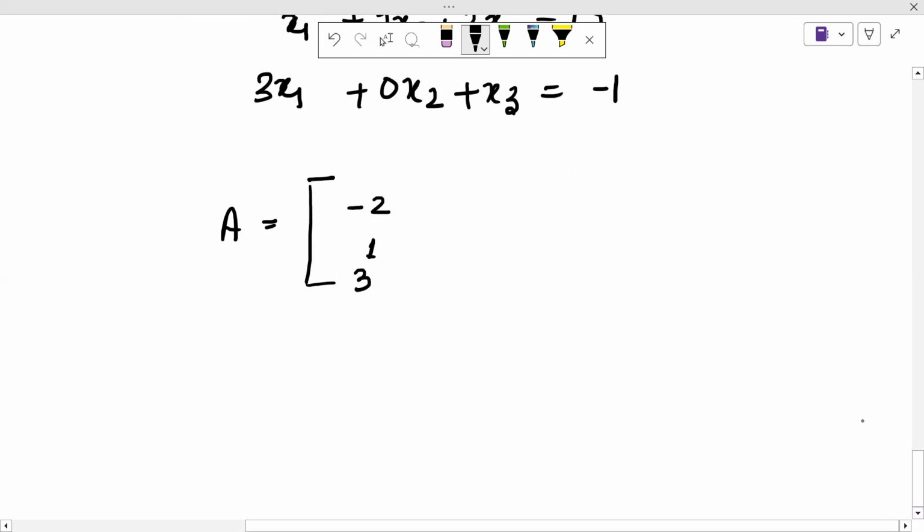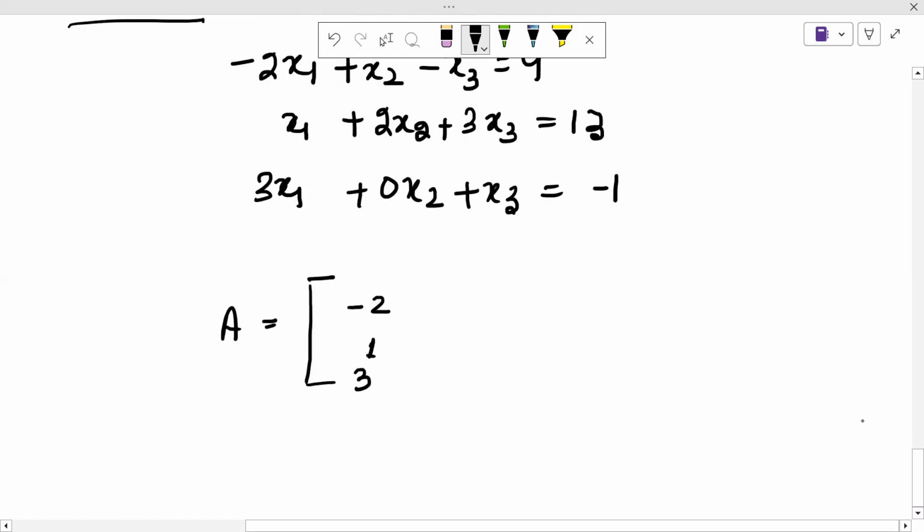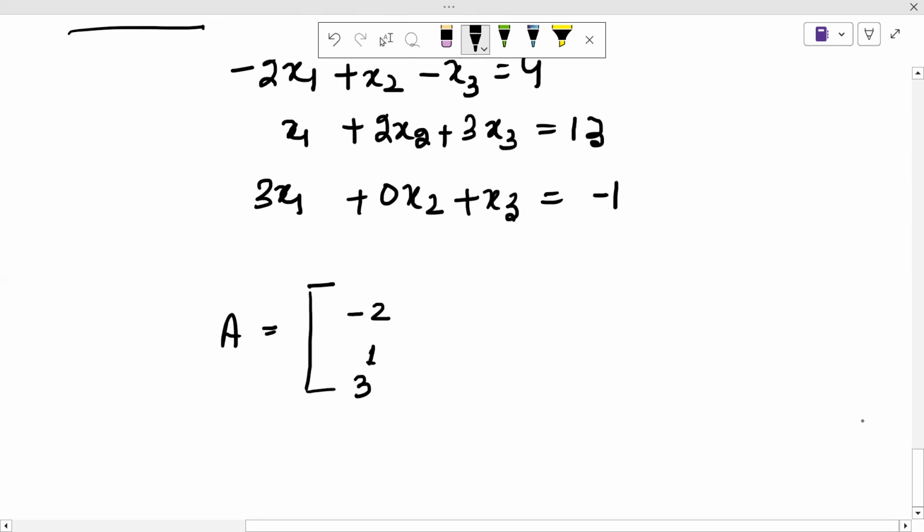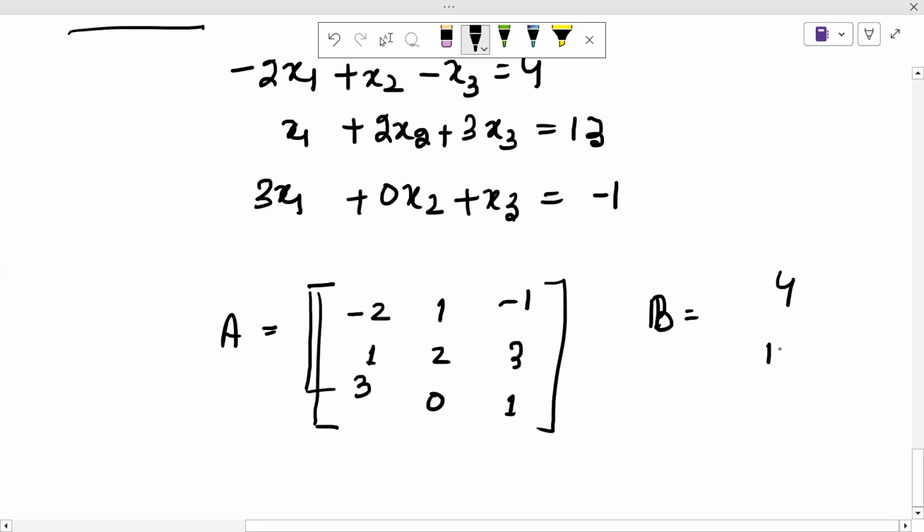The coefficients of x2 are 1, 2, 0. The coefficients of x3 are -1, 3, and 1. This is our matrix, and the constant value B is 4, 13, and -1.